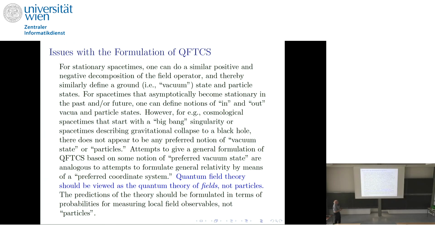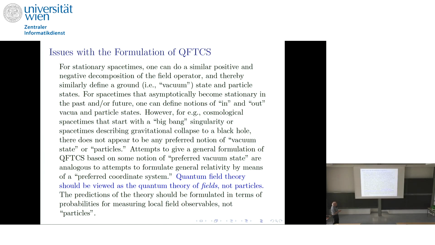Okay, so now let's move on to curved spacetime. If we were considering a stationary spacetime, we can more or less just mimic what I showed you in flat spacetime. All spacetimes that I'm considering here are globally hyperbolic.